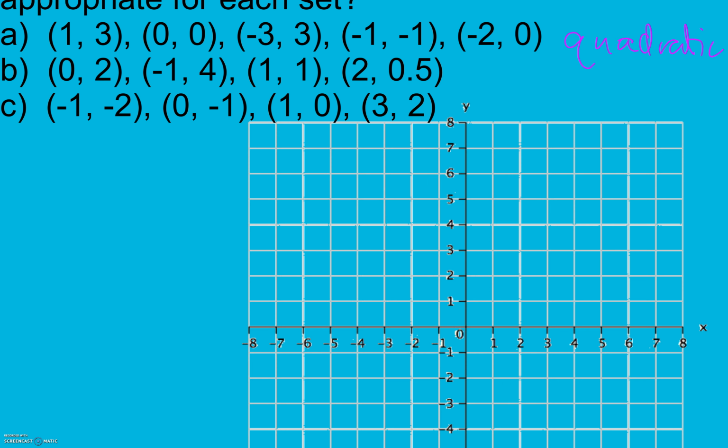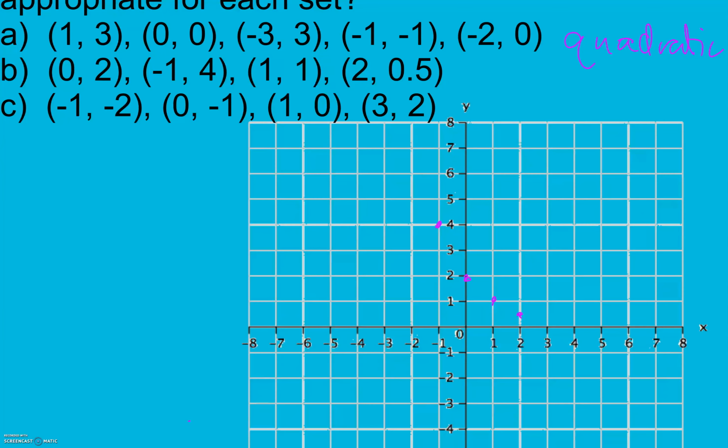Second one, 0, 2. Negative 1, 4. 1, 1. And 2, 5. If we look here, guys, maybe this is a parabola, but it doesn't quite fit the parabola. Maybe we just don't have the other side.